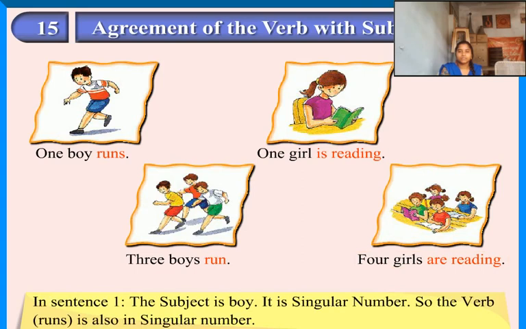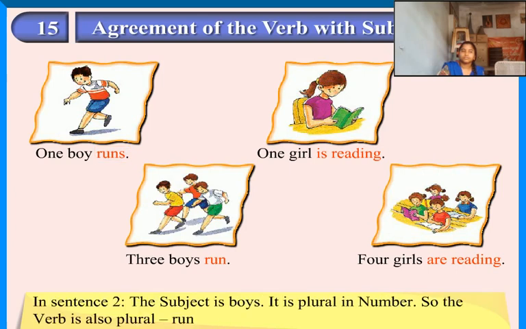In sentence 1, the subject is boy. It is a singular number, so the verb is also in singular. Runs. In sentence 2, the subject is boys. It is plural in number, so the verb is also plural. Run.